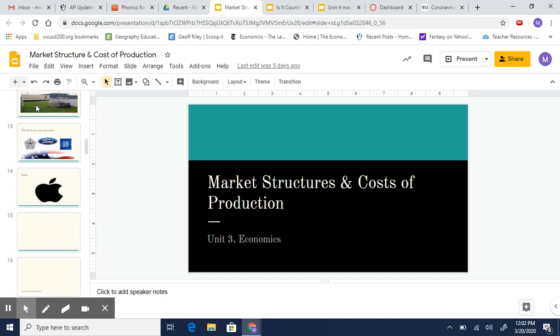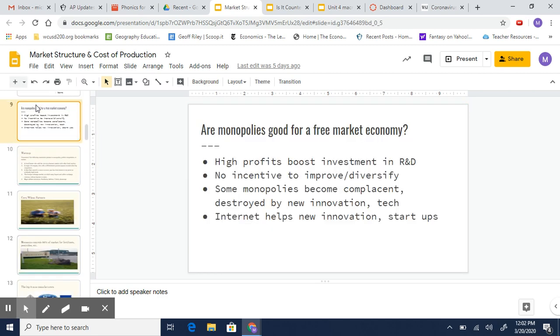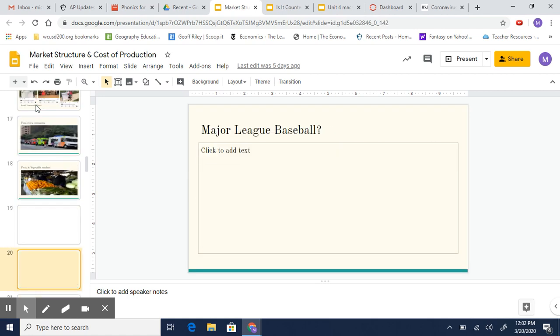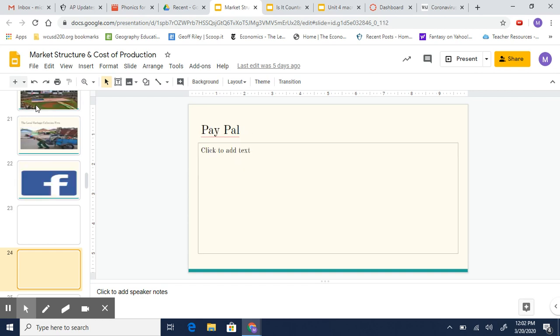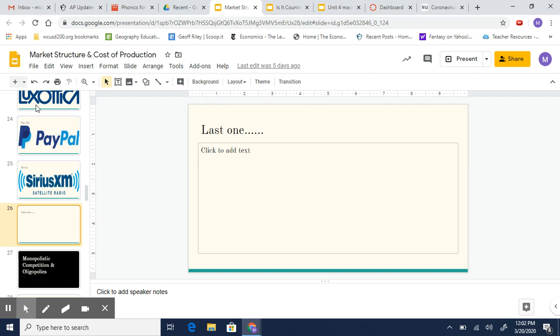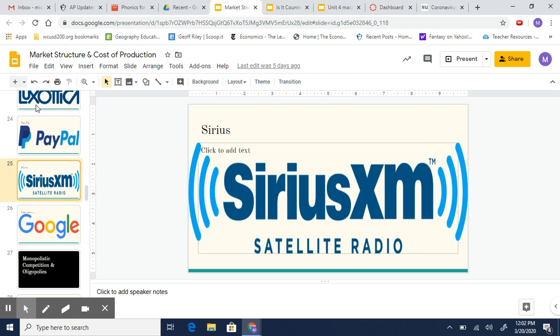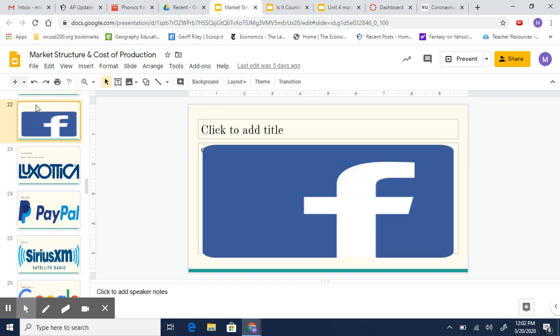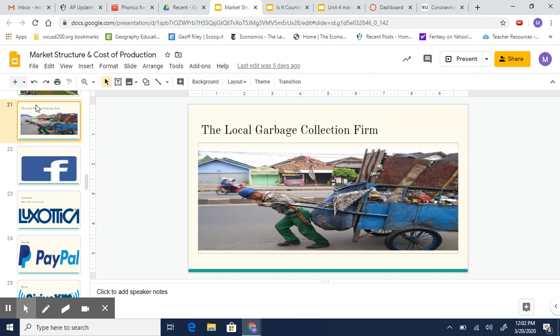Right down here, slides 11 to 26 give you different types of industries or businesses, and you got to ask yourself, all right, for Luxottica, would Luxottica be an example of a monopoly, an oligopoly, monopolistic competition, or perfect competition?